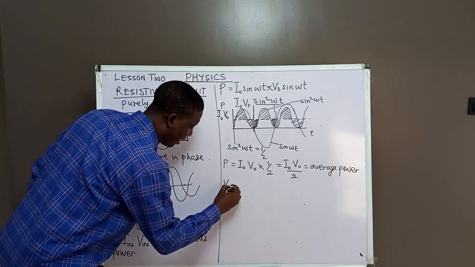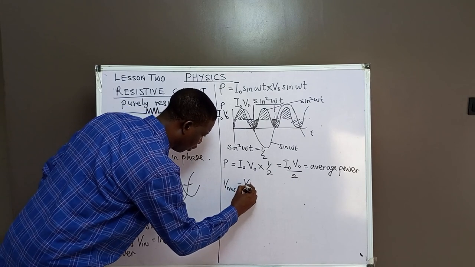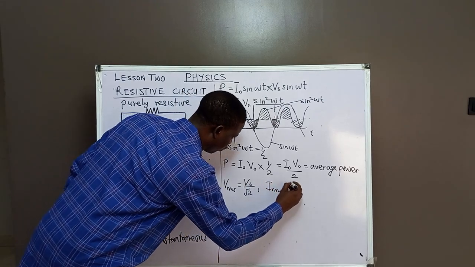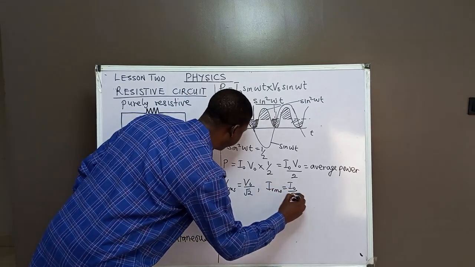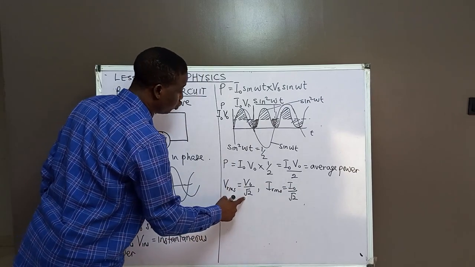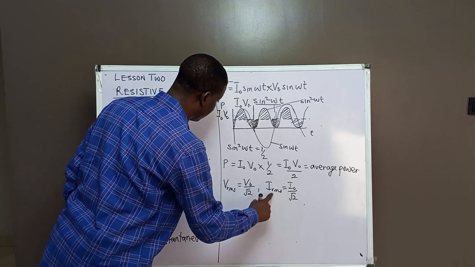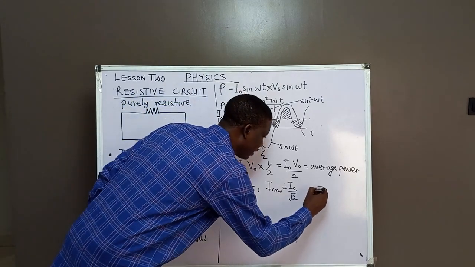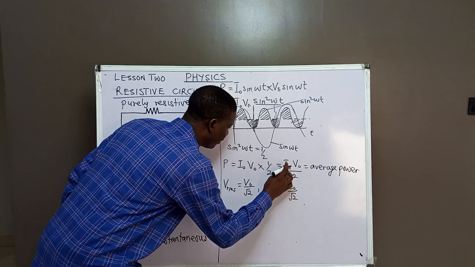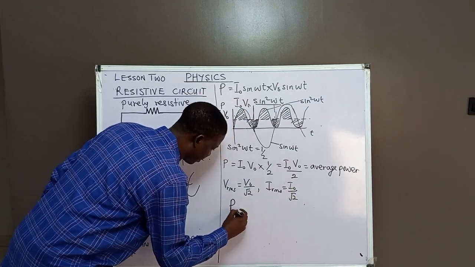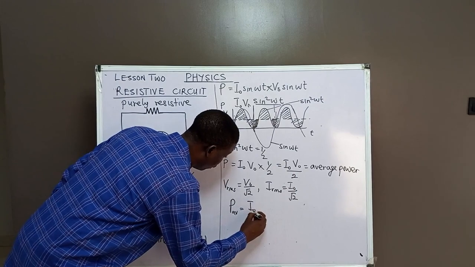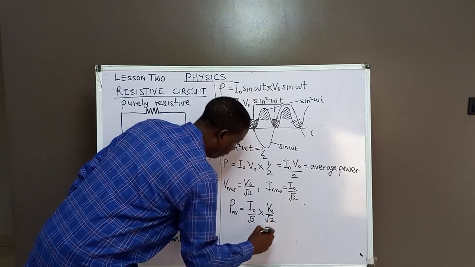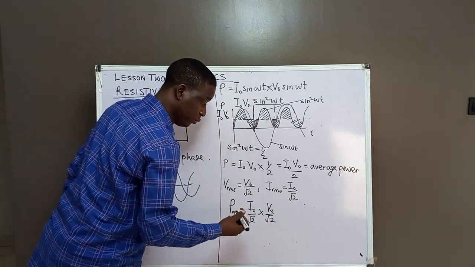Recall that in lesson 1, VRMS equals V naught over root 2, and IRMS is equal to I naught over root 2. V naught is the maximum voltage and I naught is the maximum current. This is root mean square current, and this one is root mean square voltage. Similarly, mathematically, average power can be written as I naught over root 2 times V naught over root 2, because root 2 times root 2 will give us 2.